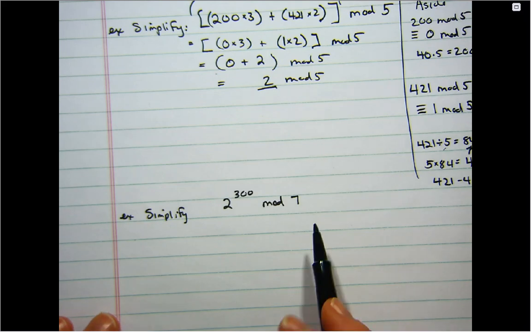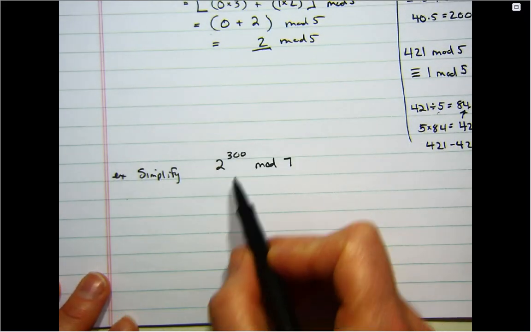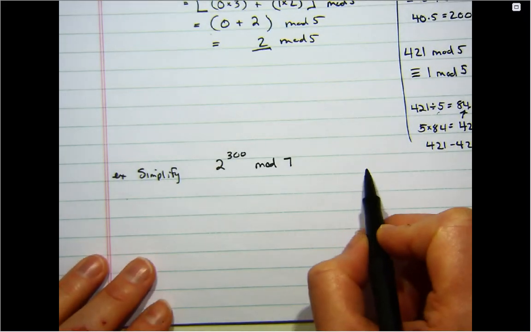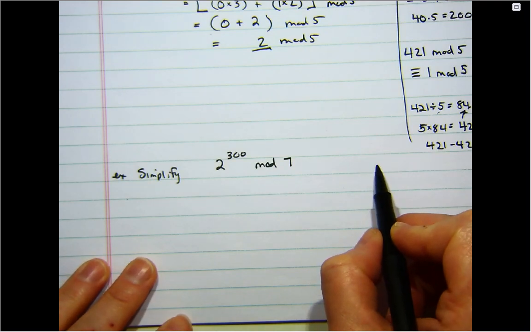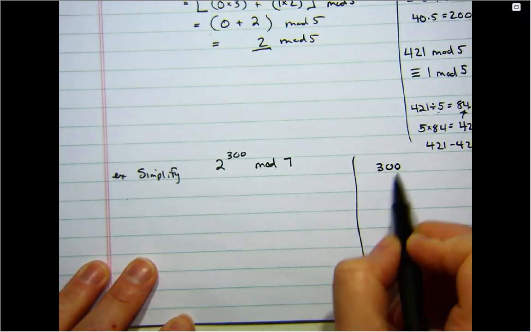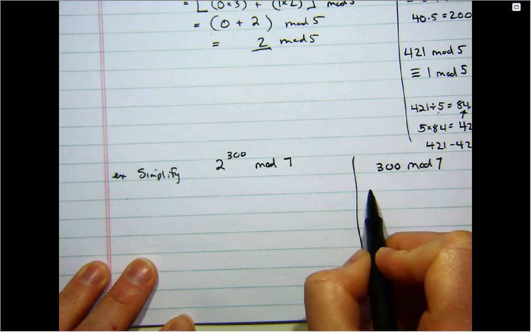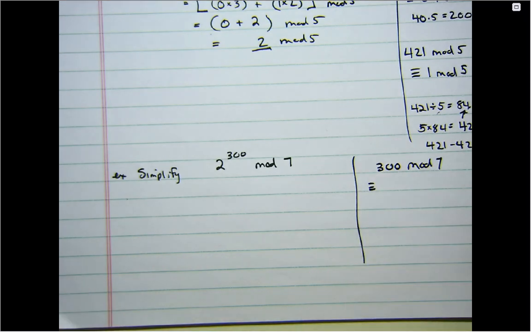We can find out what this is mod 7 without first finding what 2 to the 300 is if we first work on the 300 mod 7. So we're going to take out multiples of 7 from the 300.